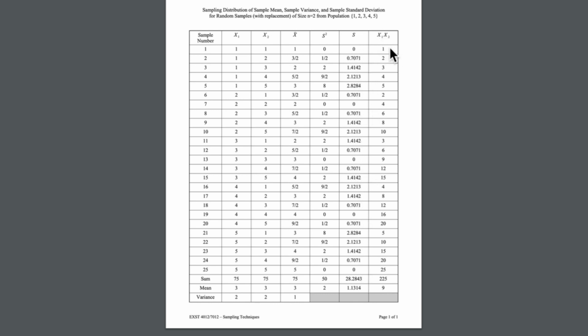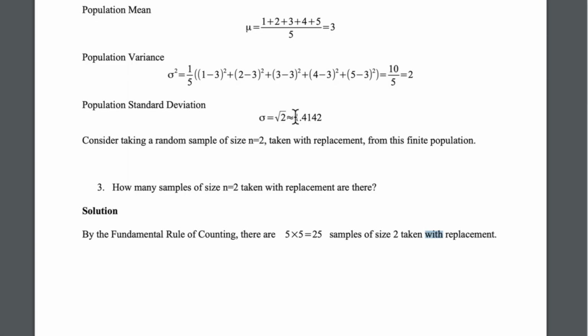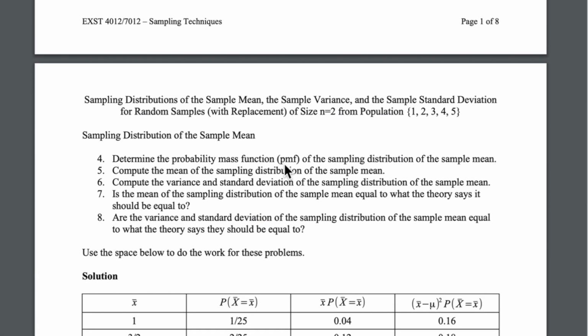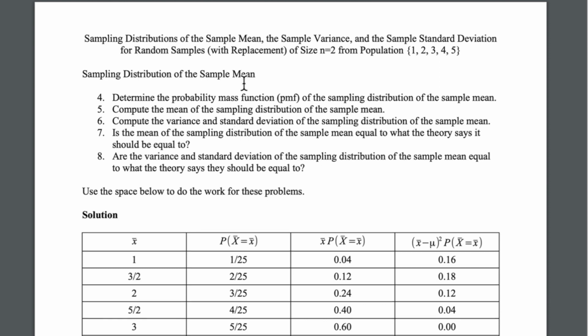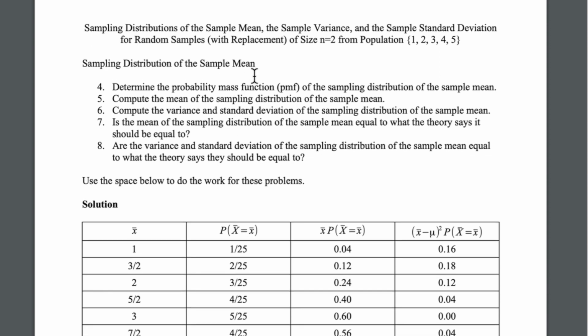And finally, we have the last column for the product of the x1 and x2 values. From this, we can start answering questions about the sampling distribution of the sample mean.